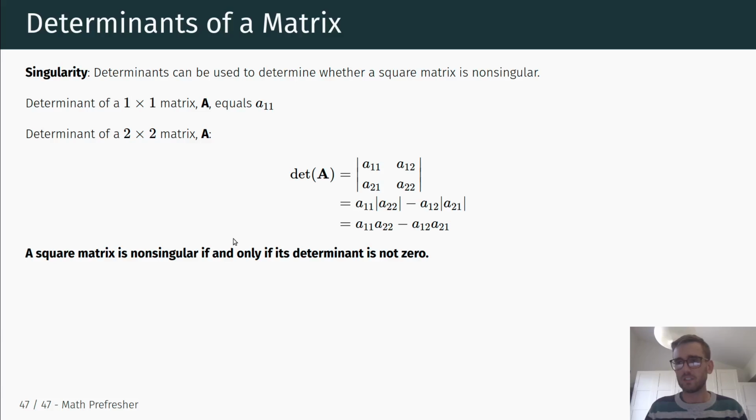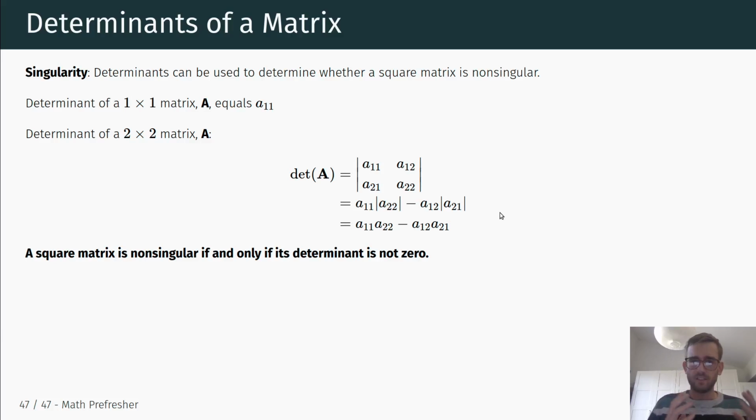The determinant of a 1 by 1 matrix A equals just the element A11. If we have a 2 by 2 matrix, then the determinant of A is equal to the product of the diagonal elements minus the product of the off-diagonal elements, right? So we take the product of A11 times A22 and subtract A21 times A12.